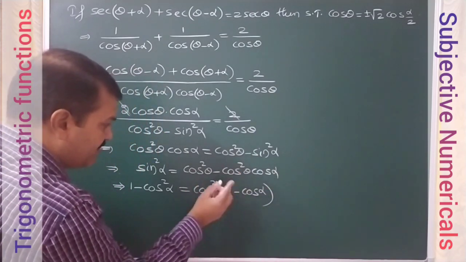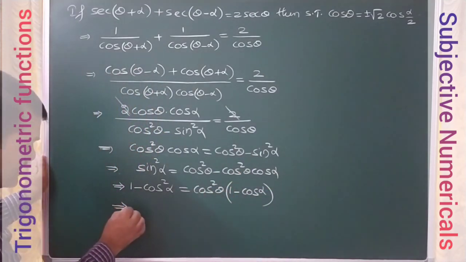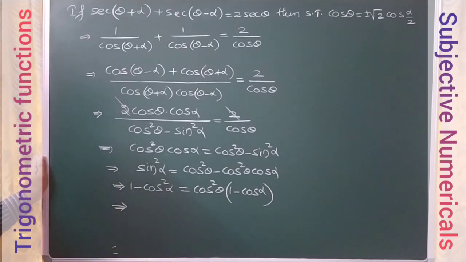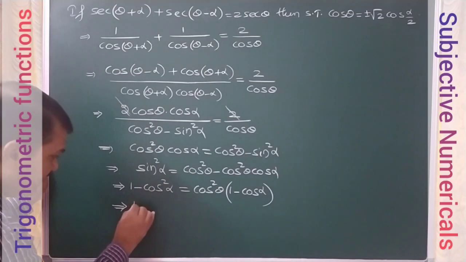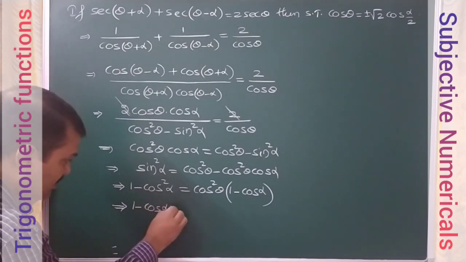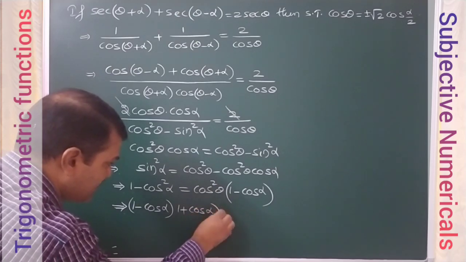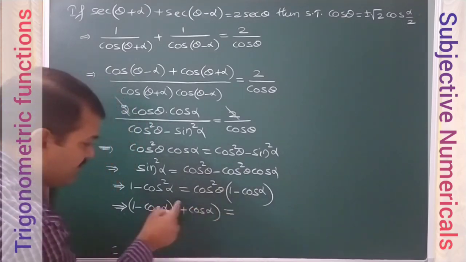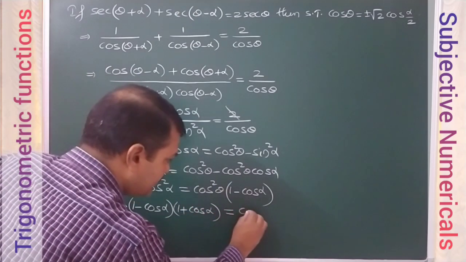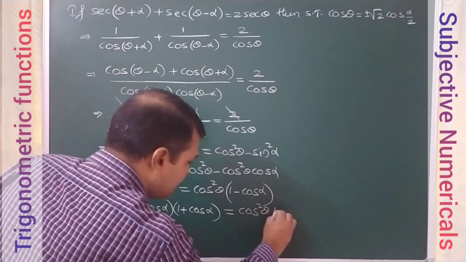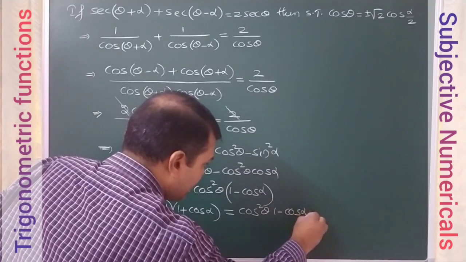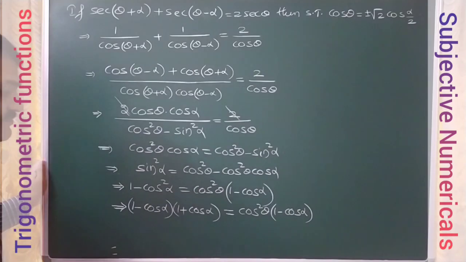Cos square theta is common. Next, in the LHS, we can apply the A square minus B square formula. Applying it, you will get 1 minus cos alpha into 1 plus cos alpha for the LHS part. The RHS part is cos square theta into 1 minus cos alpha.